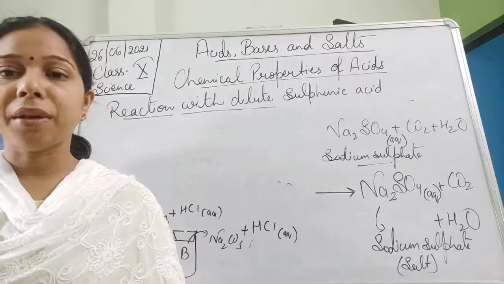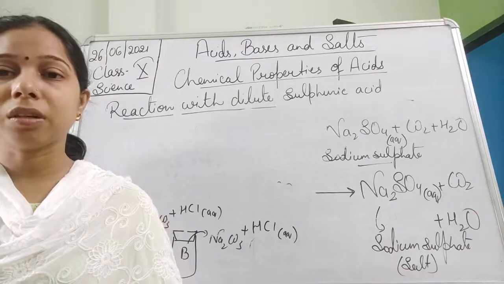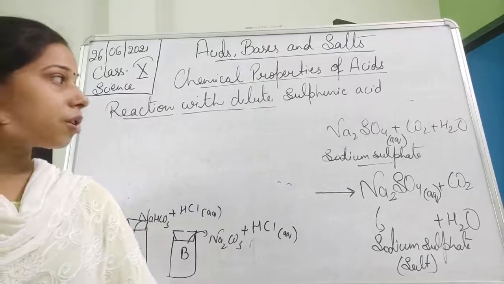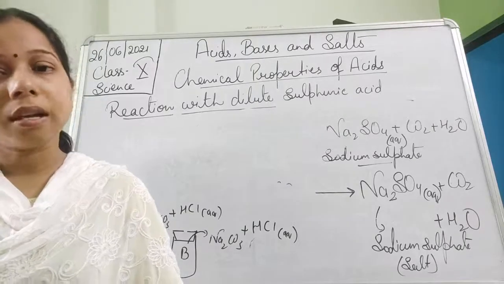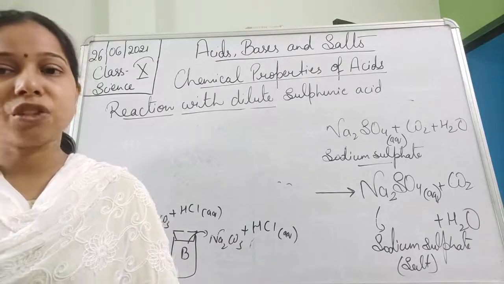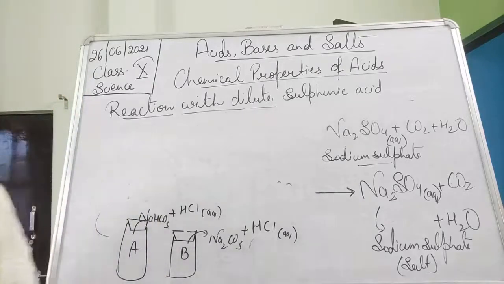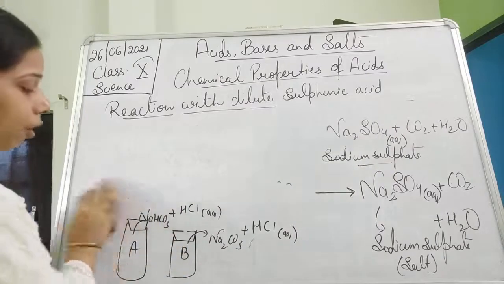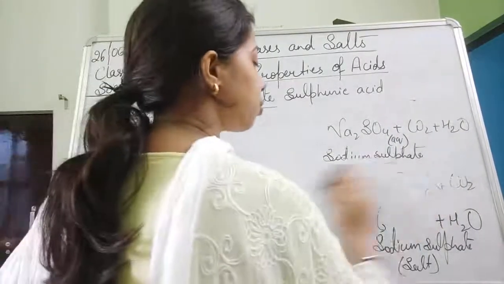We know that when we pass carbon dioxide gas through lime water, it turns the lime water milky. So this is the reaction of a metal carbonate and a metal hydrogen carbonate with acid. It produces a gas, carbon dioxide, which can be detected. Now one more thing I want to tell you.